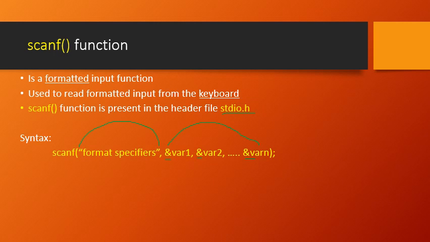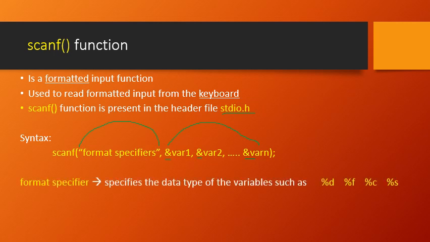Now let us understand these two different parts. Earlier we have seen in printf, that is the format specifier. The format specifier tells the type of the data of the variable, that is the data type of the variables. Obviously the input is for what purpose? In order to store the values in one of the variables, right? That variable could be of different data types.